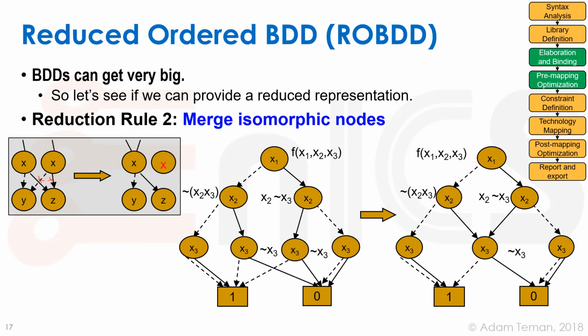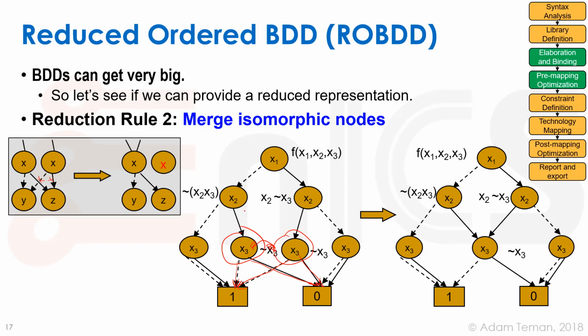So let's look at our diagram here, and we can see, for example, if we take this x3 and this x3, x3 equals 0 goes to 1, and x3 equals 1 goes to 0. And again, x3 equals 0 goes to 1, and x3 equals 1 goes to 0. That means that these nodes are isomorphic. We can merge them.